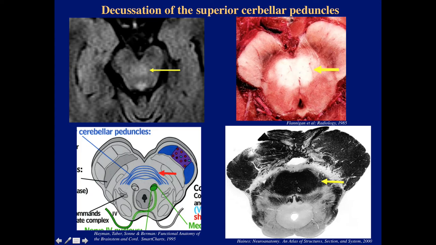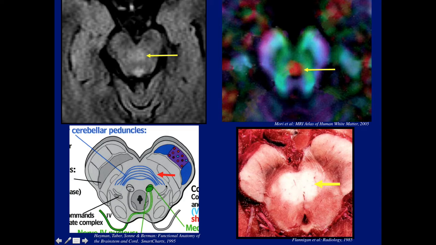Here's a stained anatomic specimen. All this black is the superior cerebellar peduncle. And this diagram here shows nicely the crossing fiber at the level of the cerebral peduncles, or behind the cerebral peduncle, behind the substantia nigra. And not only that, if we go to the DTI image, notice that's the decussation of the superior cerebellar peduncle, and red again because the fibers go from right to left.